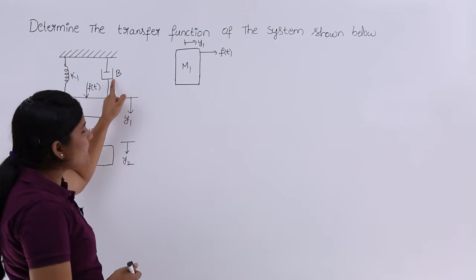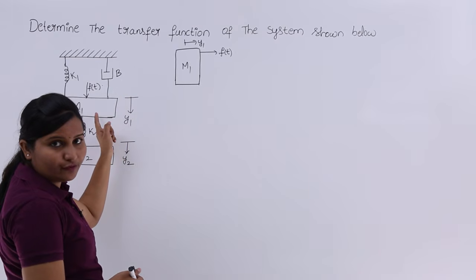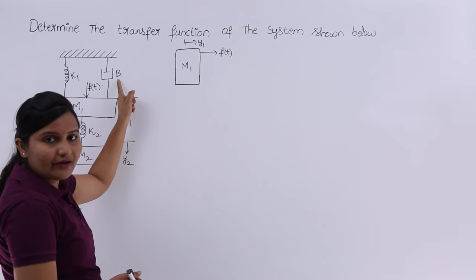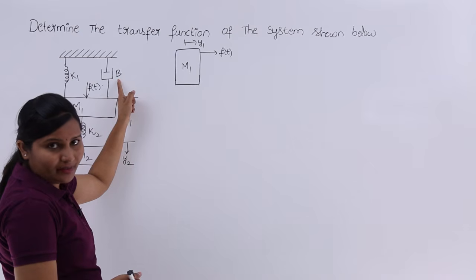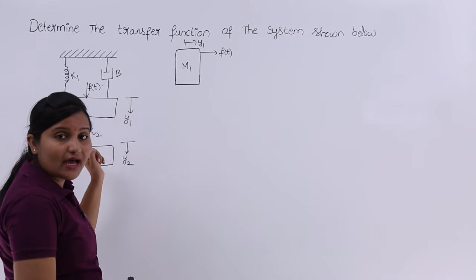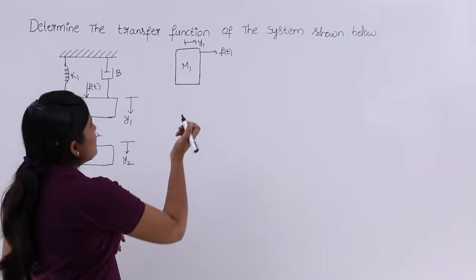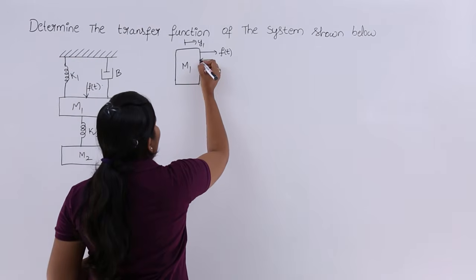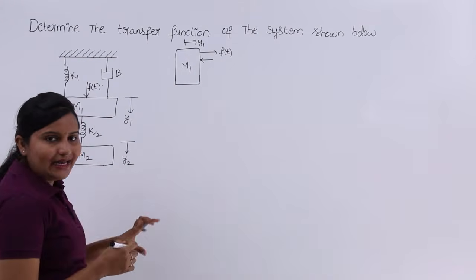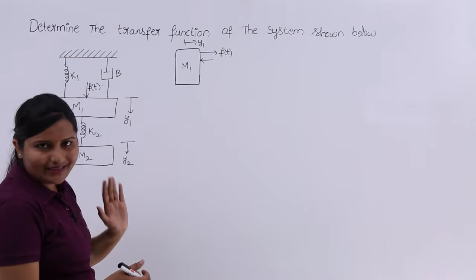This is a dashpot attached to this, and due to this also you will get some opposing force, with friction coefficient B. And here we have another spring with elasticity coefficient K2. All those forces act on m1, whatever elements are attached to m1, and we need to indicate them here.